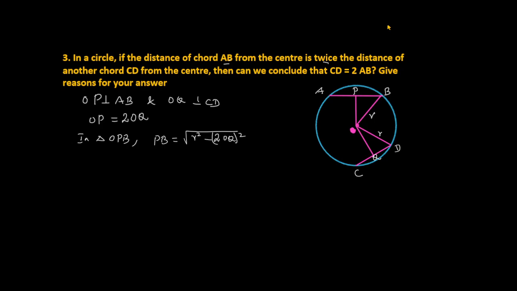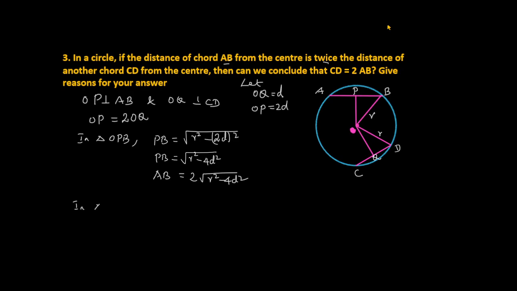Suppose OQ is equal to distance d, then OP is equal to 2d. We will replace that here with 2d squared. So R squared minus 4d squared. So AB is equal to twice the square root of R squared minus 4d squared.